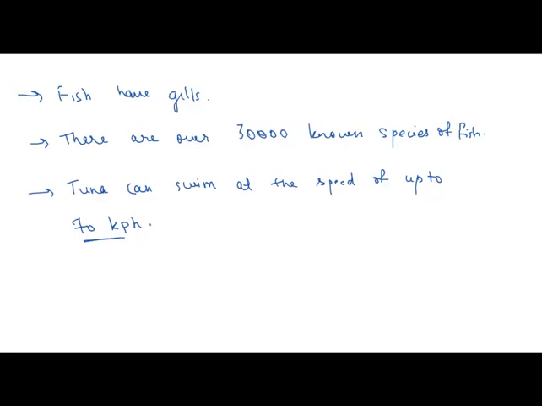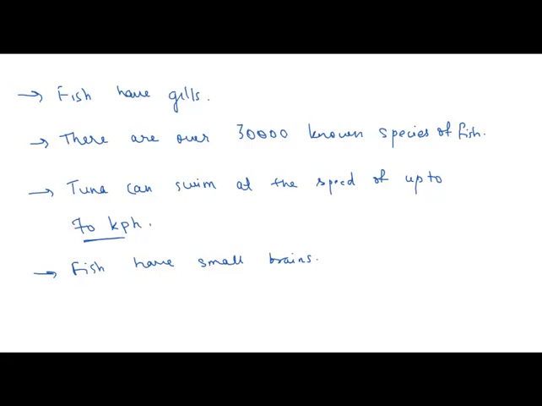Then there are other facts about fishes. Fish have small brains relative to their body size. Fish are covered in scales, which are often covered in a layer of slime to help their movement through water.